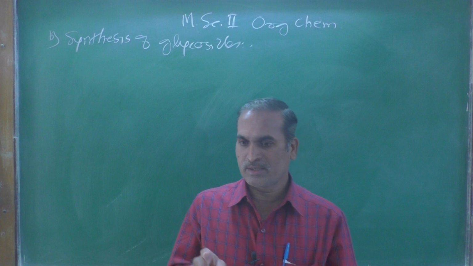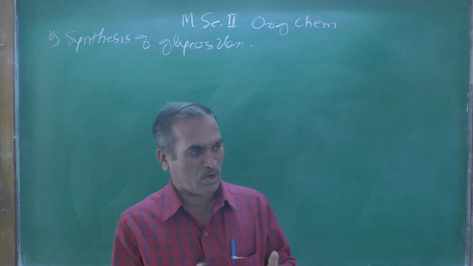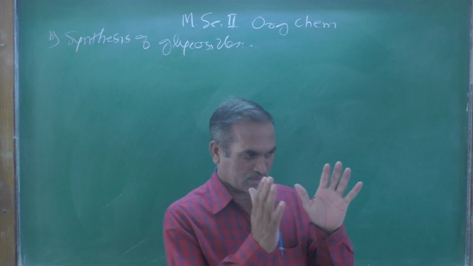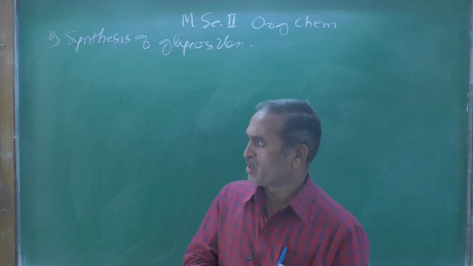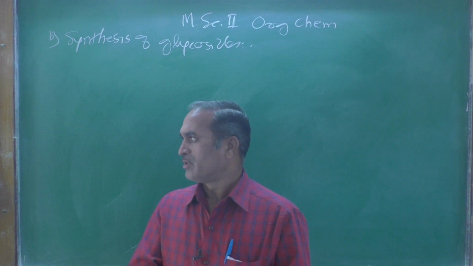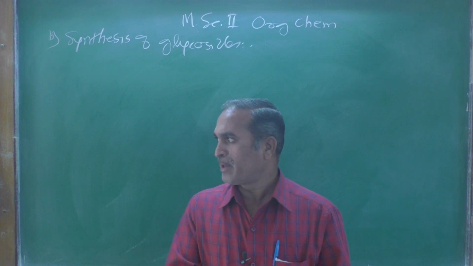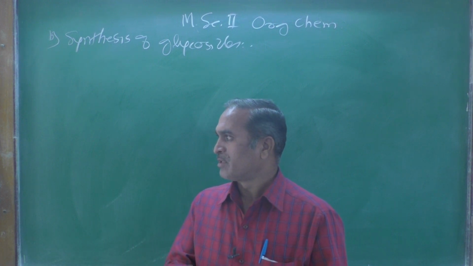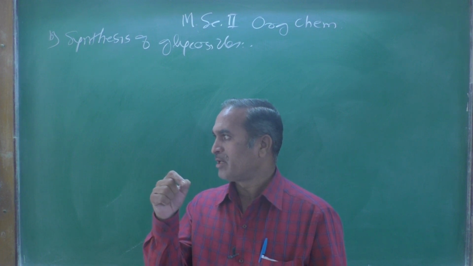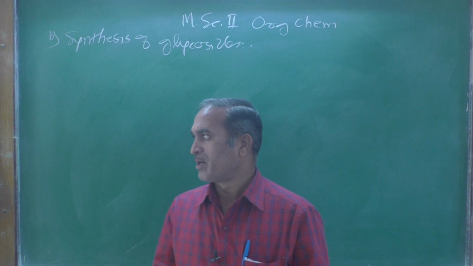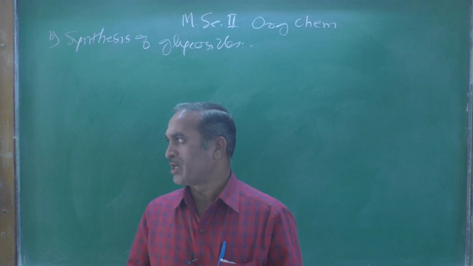Glycals mean what? The furanose ring, or what we can call a glucose ring, is formed in the glycal, meaning a double bond is introduced there.